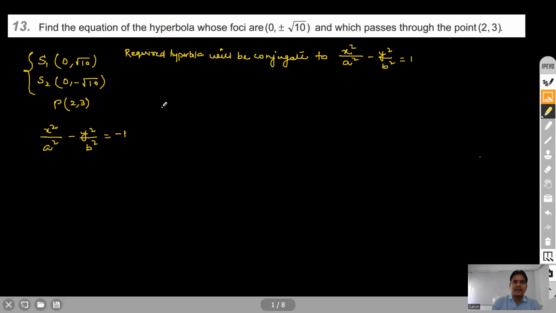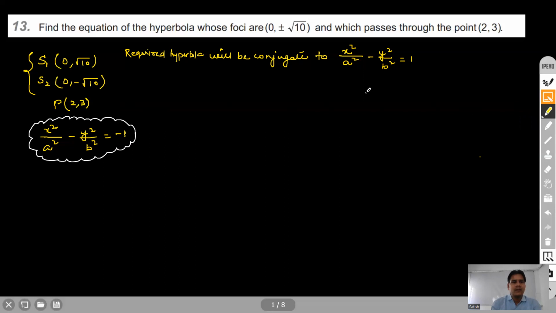So we can say it will be of this form. What is asked in the question? Hope this is clear to all. Now, a few conditions are given: this curve is passing through this point and its focus coordinates are provided to us. Okay, so let's try to solve it.